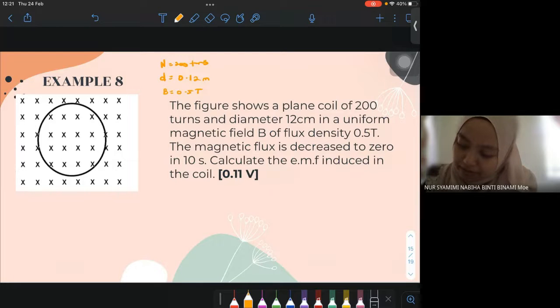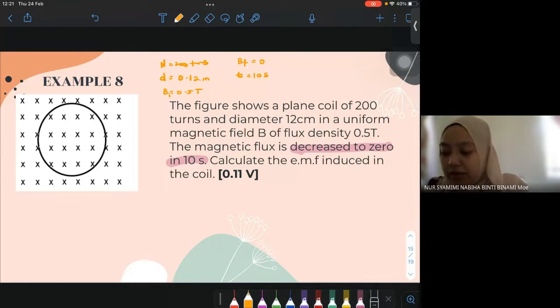The magnetic flux is decreased to 0, so we know B is changing. Sebab dia kata B itu decrease to 0, so B final equals to 0, this one akan jadi B initial. In 10 seconds, so we have time is equals to 10 seconds. Calculate the EMF induced in the coil.